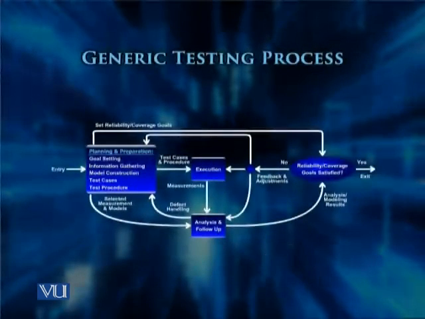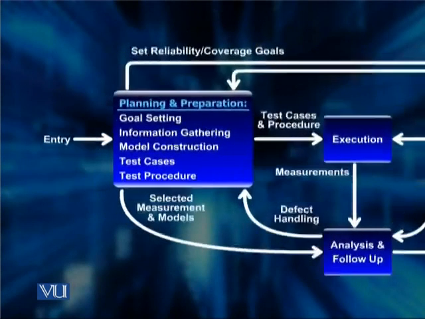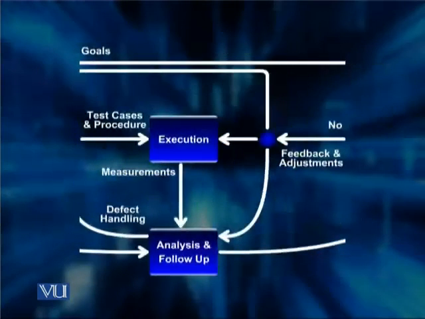So here you are looking at a generic test process. You have seen this picture before in another lecture, but I just wanted to refresh your minds and to restate the importance of the activities that are shown here and the relationship that exists between these activities. The activities that you can see on the screen are planning and preparation for tests, then there is execution and analysis and follow-up.